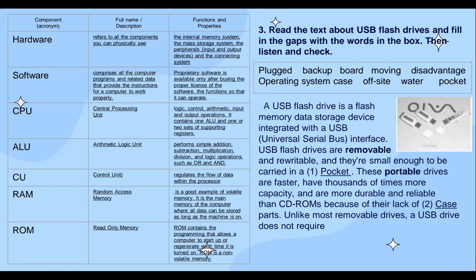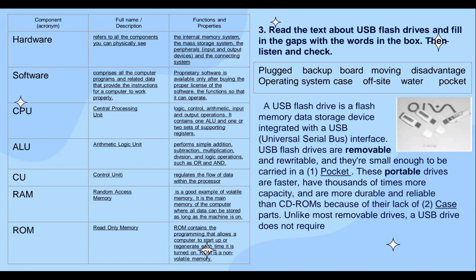USB flash drives are removable and rewritable, and they are small enough to be carried in a pocket. These portable drives are faster, have thousands of times more memory capacity, and are more durable and reliable than CD-ROMs because of their lack of moving parts.